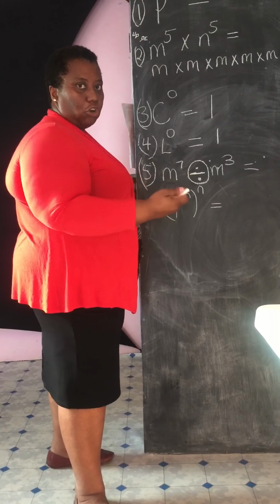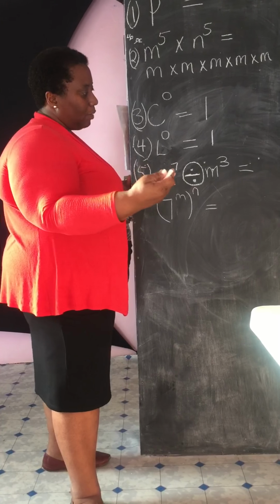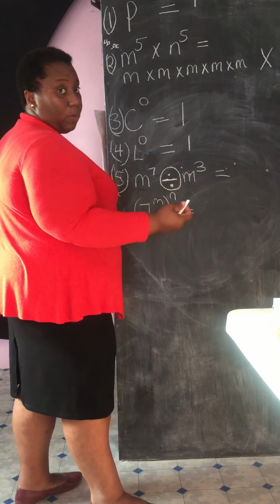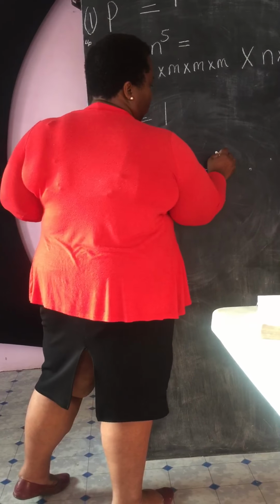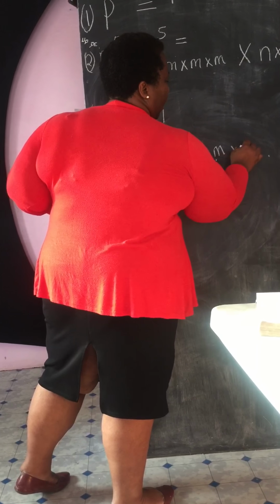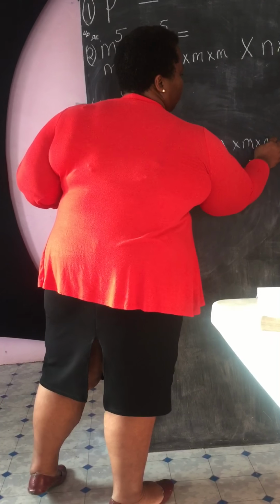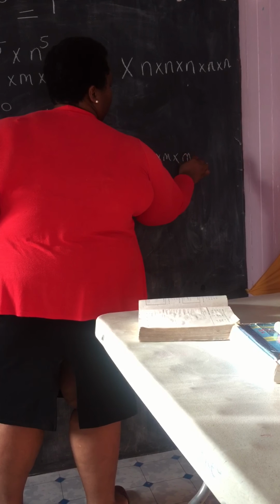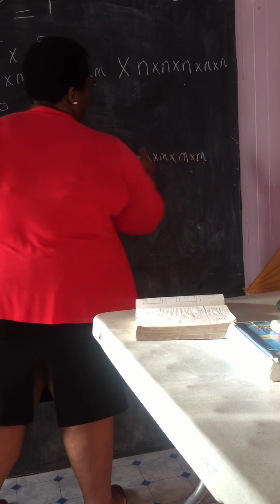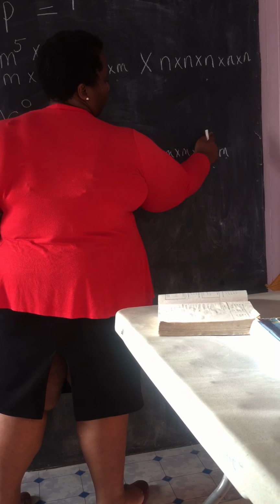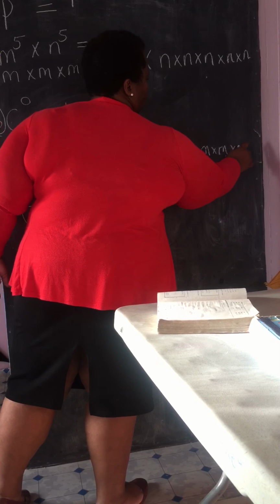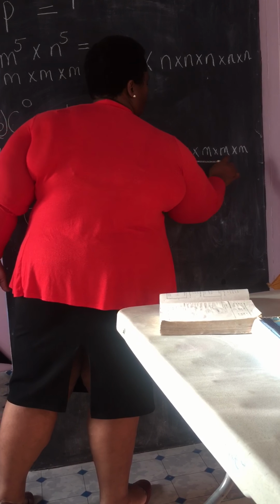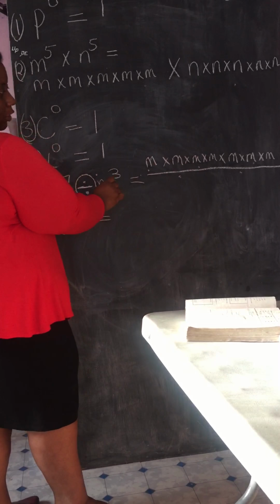But I'm actually going to show you how to work it out if you had a more difficult question. So with division, we're going to set it out the way we would set out a division question. So we have m by m by m by m by m by m, and that's 1, 2, 3, 4, 5, 6, and we have one more m here, so that's 7 m's, and then we draw a line for division over, and we have m to the 3rd power.